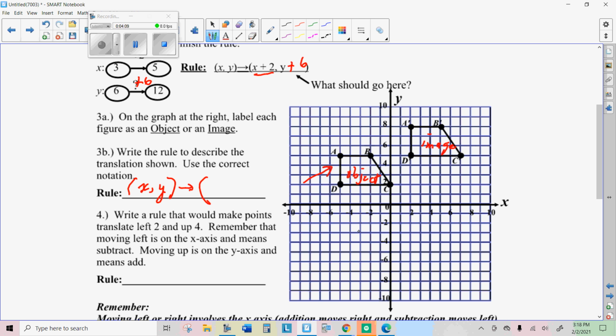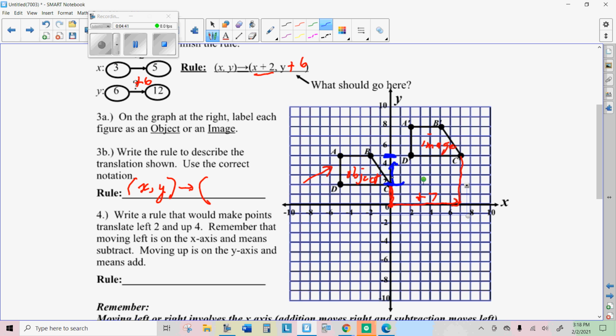Let's just take one point here and find out how far apart these 2 points are, from left to right. We go from 0 on the x-axis to 7. That means it's plus 7. And then on the y-axis, that same point goes from 2 up to 5.